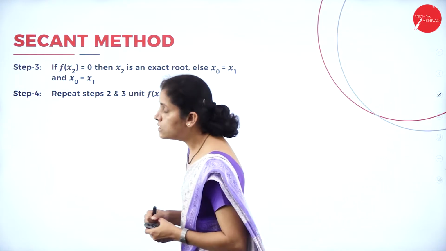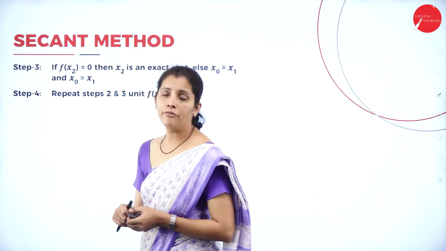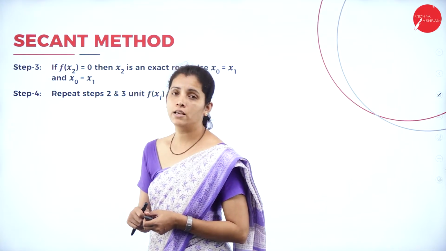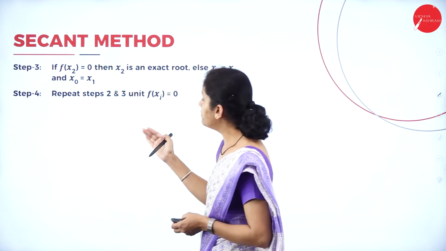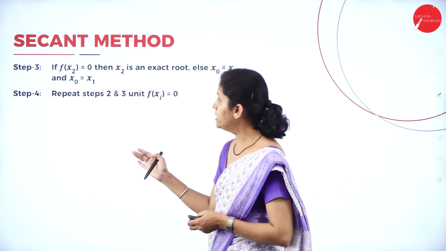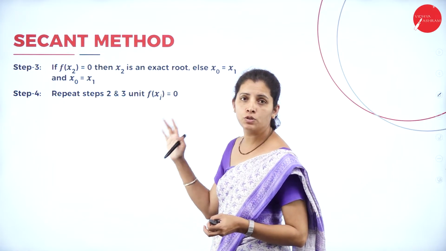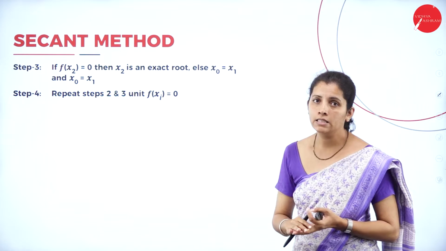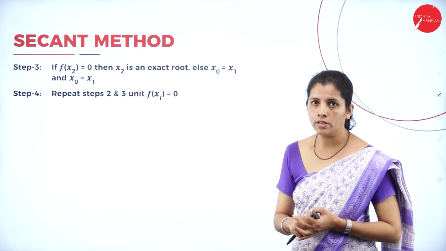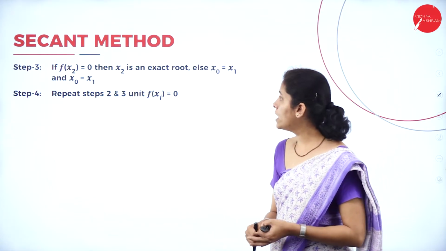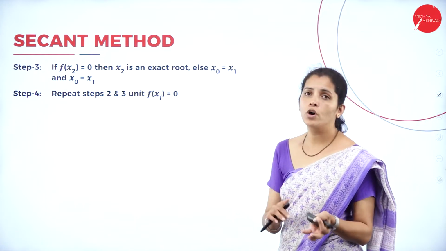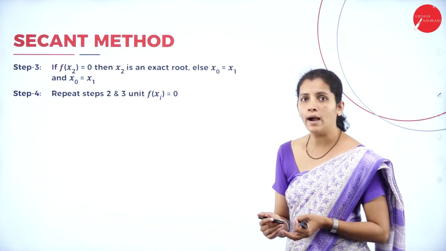Now, in my third step, whatever the x value I am going to find out, if f of x2 is equal to 0, that indicates that's the exact root. If not, then what I want to do is interchange the value.